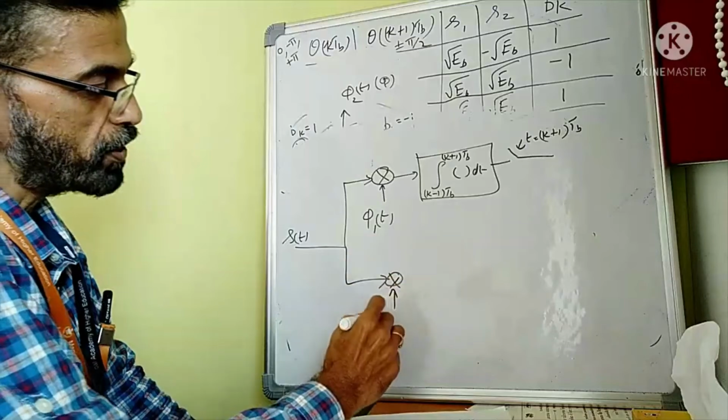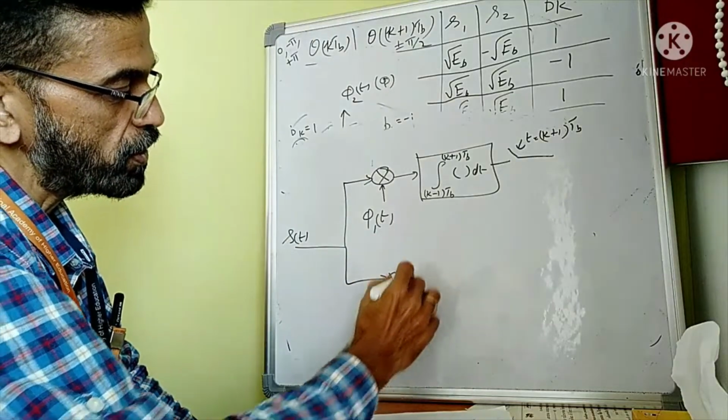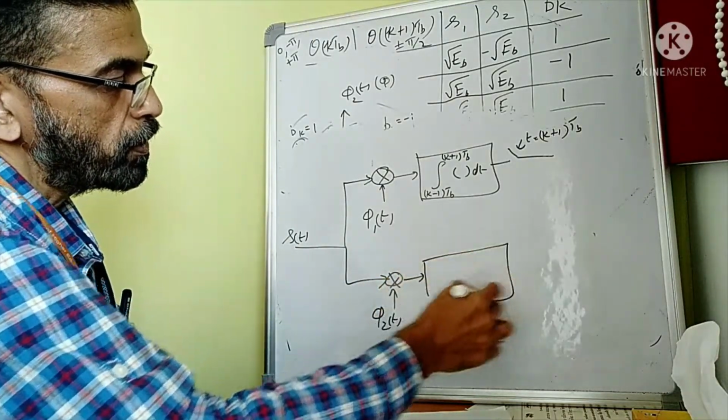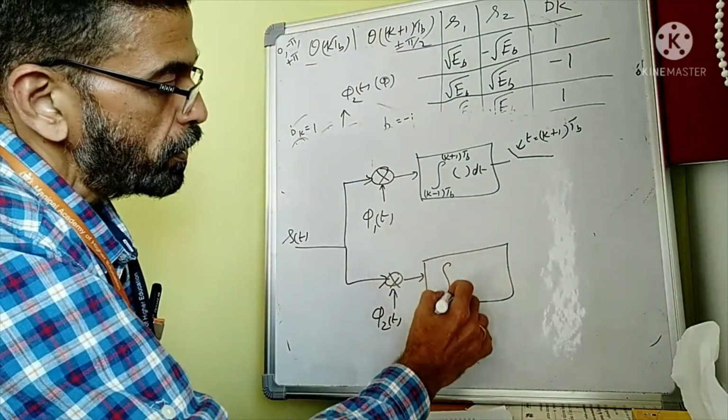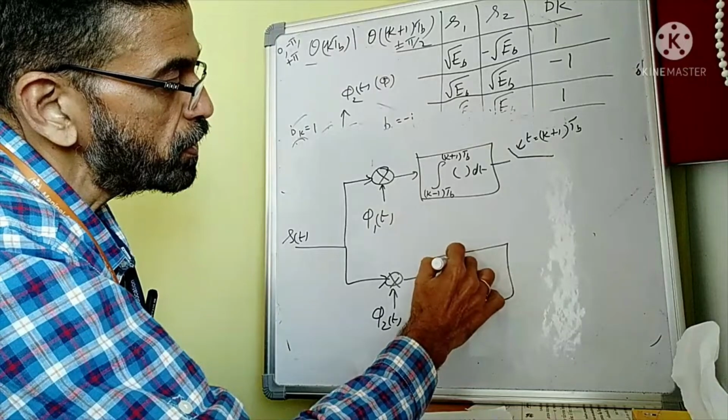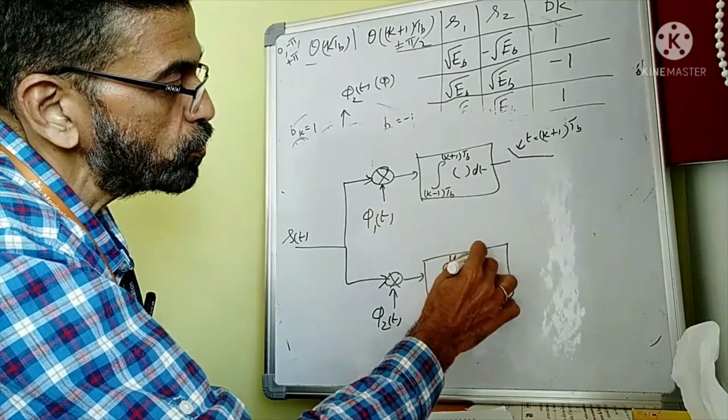Second arm, multiply with the other basis function, integrate from the interval ktb to k plus 2 tb.